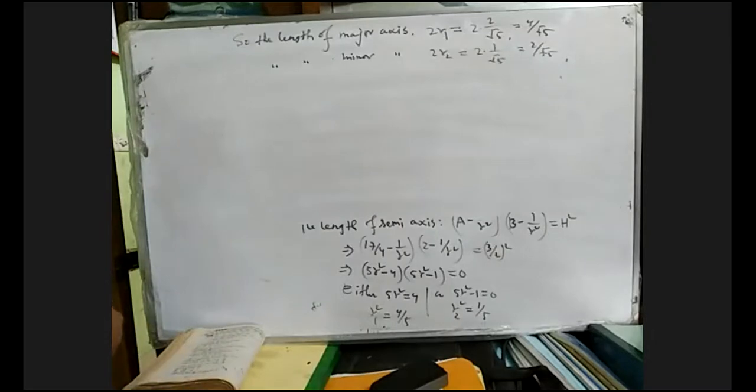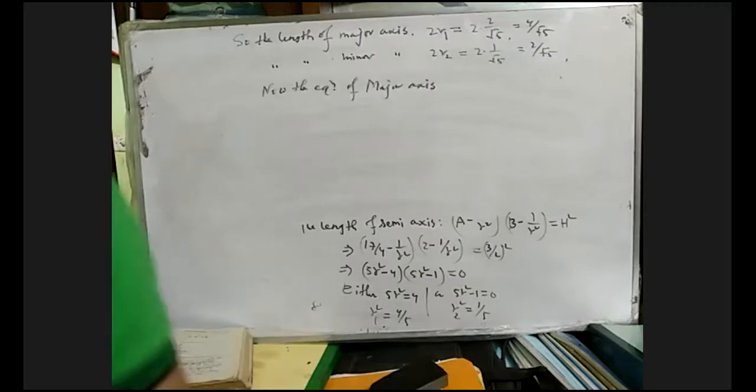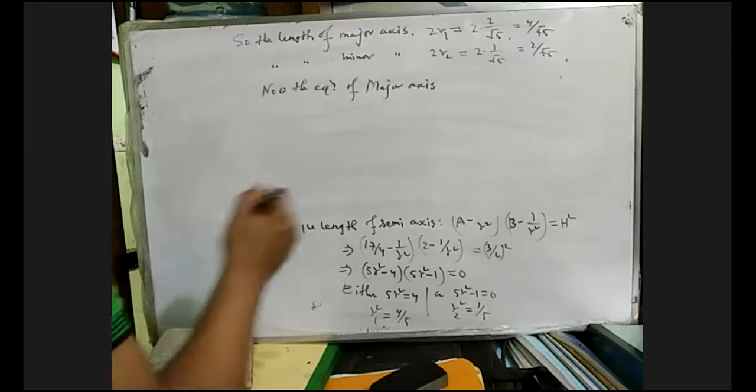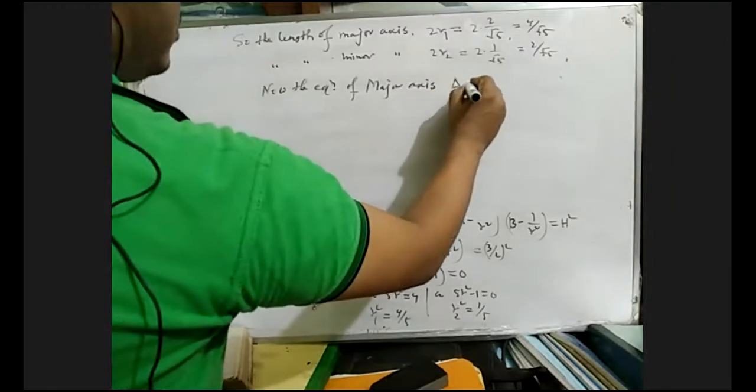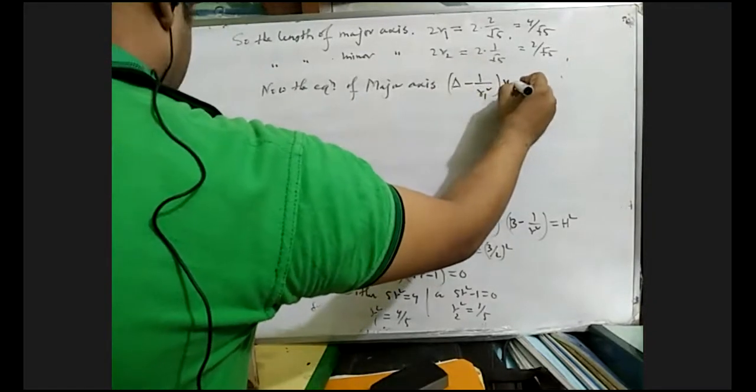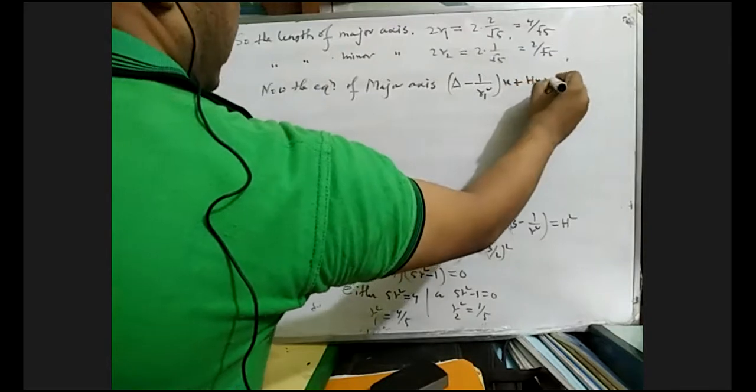Now similarly you have to find the equation of the major axis. How can we find the equation of the major axis? The equation of the major axis is given by A minus 1 by r1 square into x plus h y equals 0.